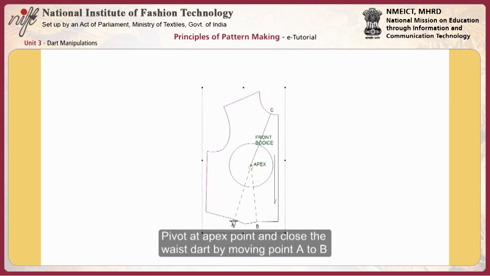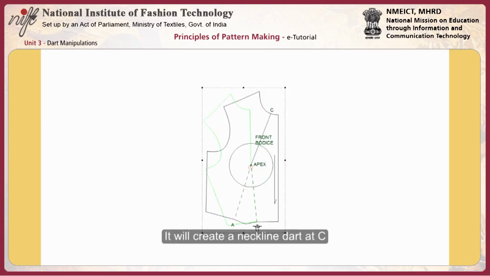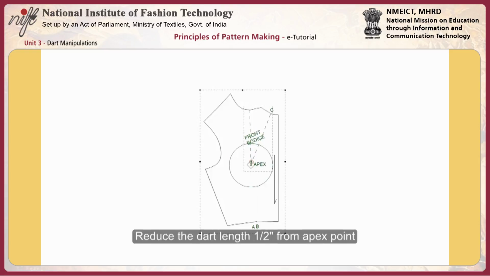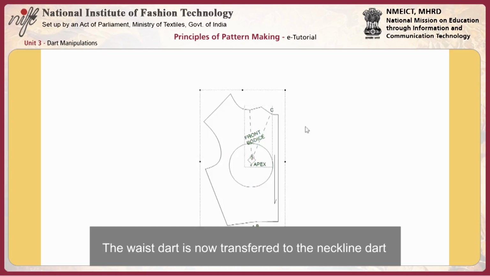Pivot at apex point and close the waist dot by moving point A to B. It will create neckline dot at C. Reduce the dot length half an inch from apex point. Now the waist dot is transferred to neckline dot.